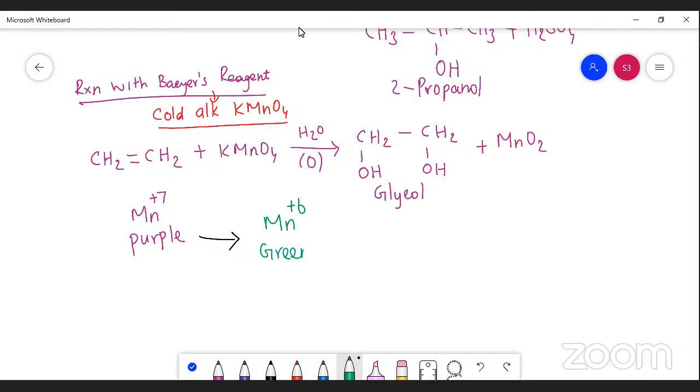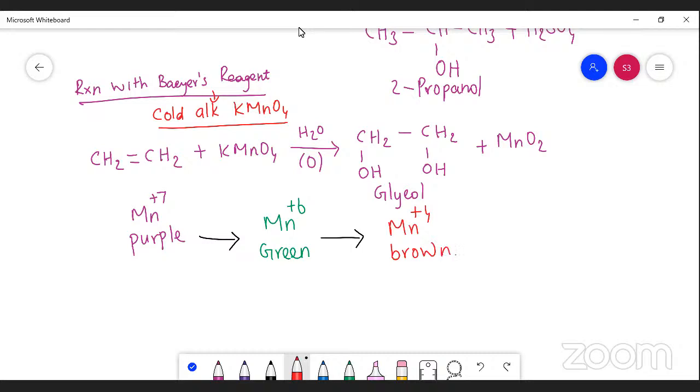Then this is again converted into MnO2, in which Mn is in the +4 oxidation state, and it is dark brown. So we get a brown solution.